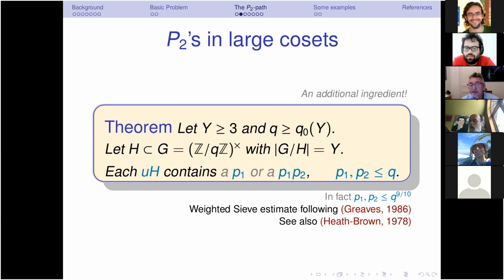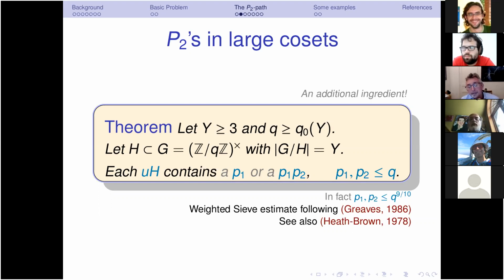And here we can get 3/2. So I cannot get a small exponent if I use only 2 primes. We cannot, if I'm not mistaken.